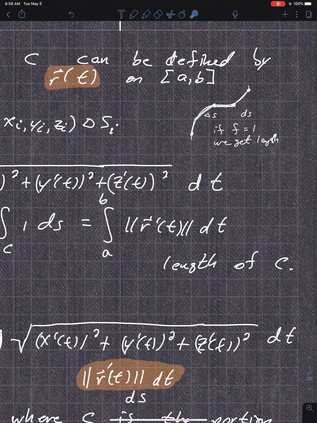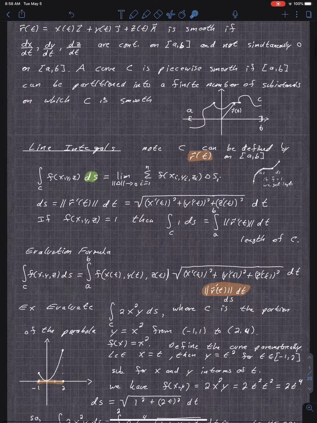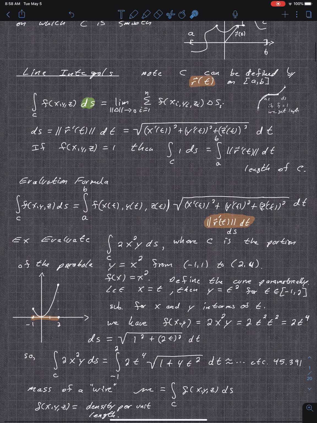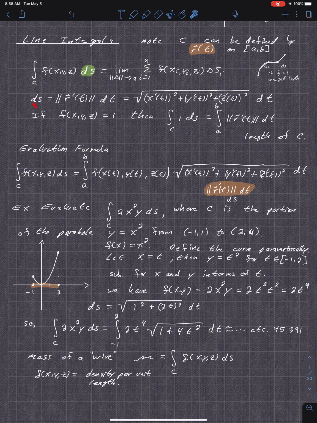So that's basically the distance formula, and we derived that earlier. You'll see a familiar ds. Your ds is the magnitude of r prime dt. We derived that a bit ago, before or after spring break, I don't know, probably before.